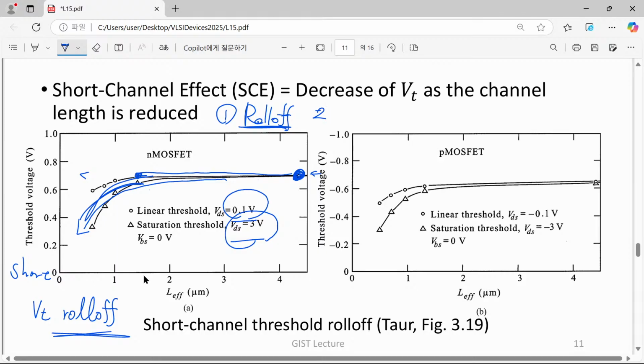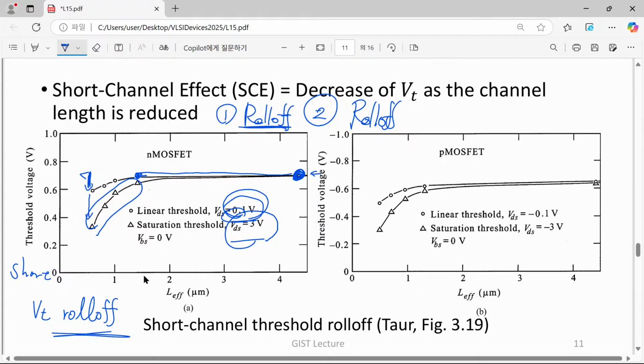But the second point is, however, roll-off is more significant here when you apply higher drain bias. I mean that even when you apply quite a small one, you have it. But if you apply even higher drain bias voltage, then you will have even more severe roll-off.